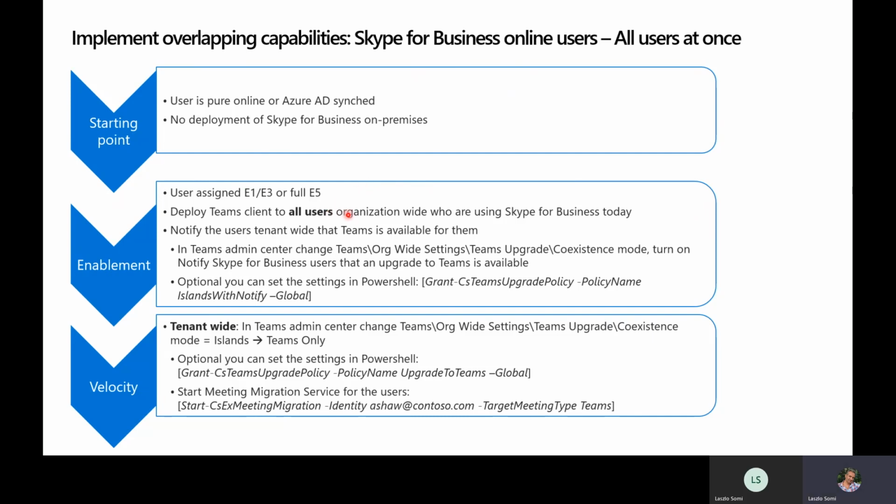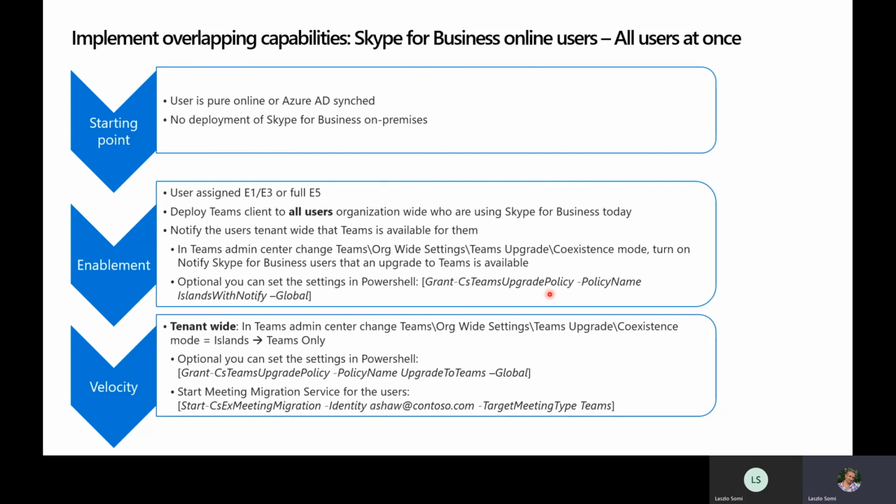And at the same time, we're gonna deploy clients to the users so they can access Teams eventually. We can also notify them in Skype for Business organization-wide from the tenant admin portal or using PowerShell. They get the notification, as we talked about in the Identify Your Upgrade approach session, that Teams is available for them.